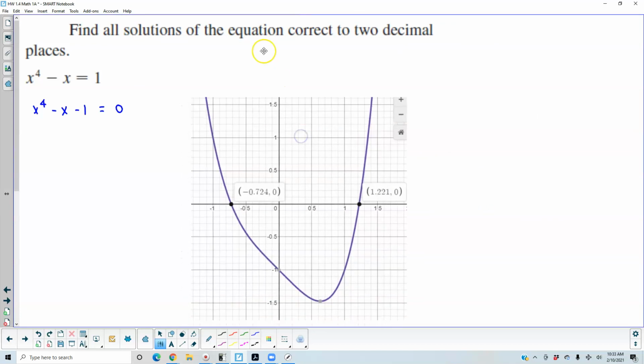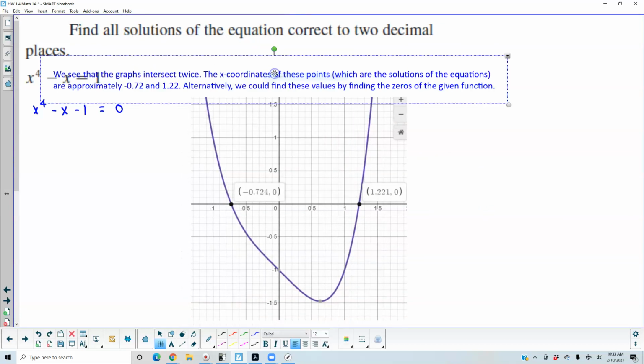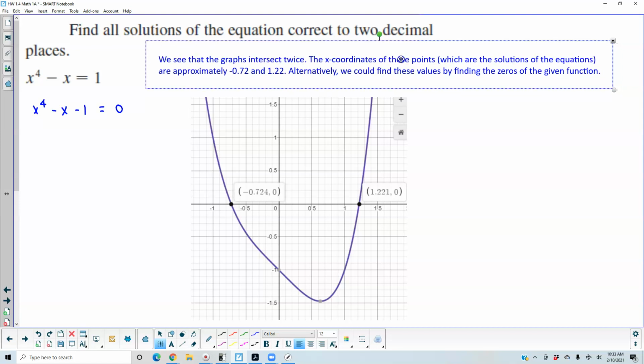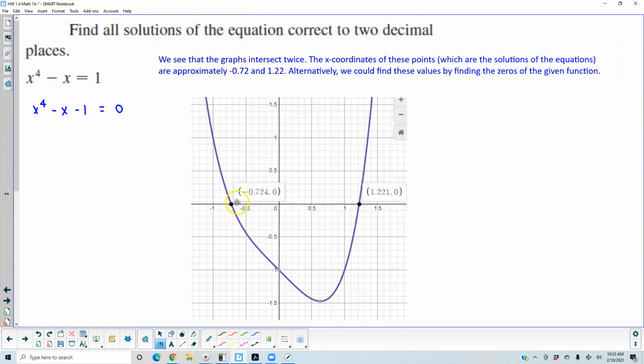And with this graph, we can say the following. We can say that we see that the graphs intersect twice, and the x-coordinates of these points, which are the solutions of the equations, are approximately -0.72 and 1.22. Now, we could have also found these values by finding the zeros of the given function.